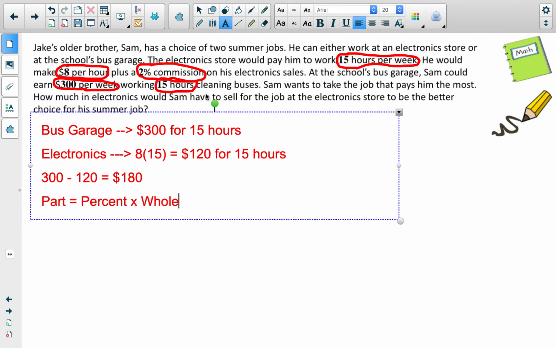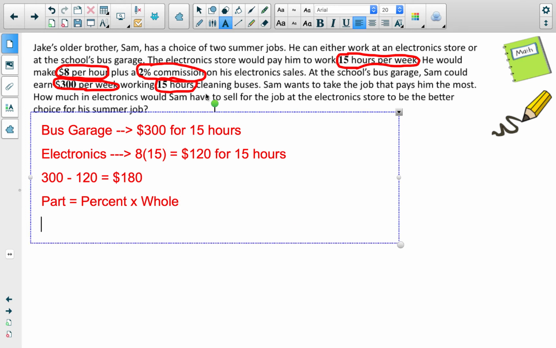And I will also show this using a bar diagram. Now, in this case, our part is 180. We want our end commission amount to equal $180 to make up the difference. Our percent is 2%, 2% commission, and we do not know our whole, so I'm going to use W here.